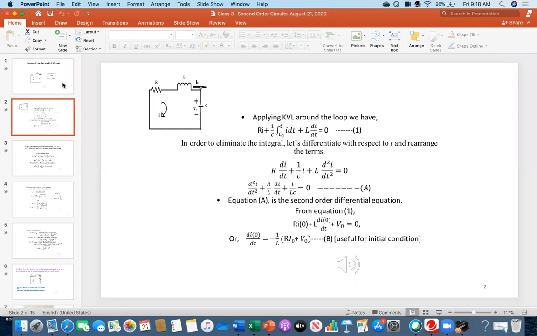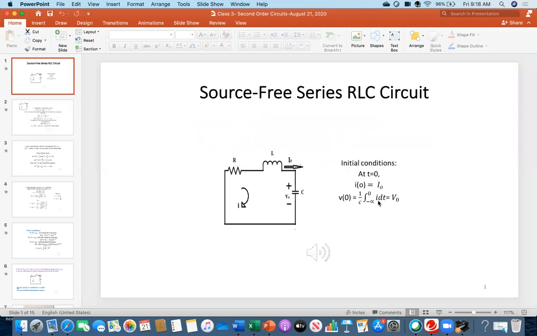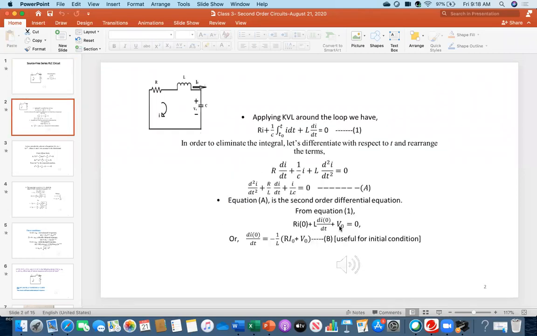Therefore, see the previous slide, the last initial condition: V naught, 1 over C integration i dt, that is capital V naught. Because this is the initial condition, for the middle term of equation 1, I'm replacing it by capital V naught. And from there, my goal is to find out di naught over dt.